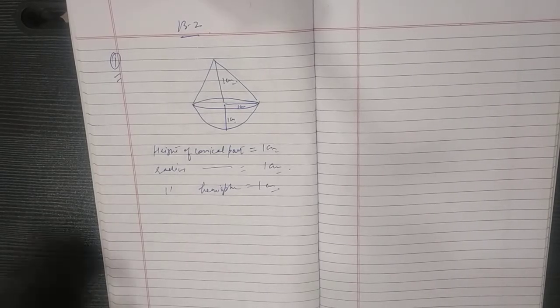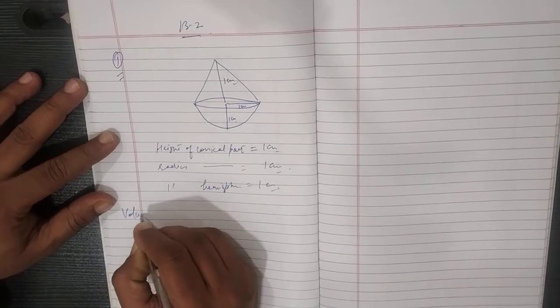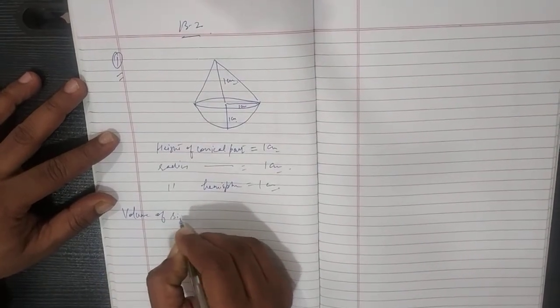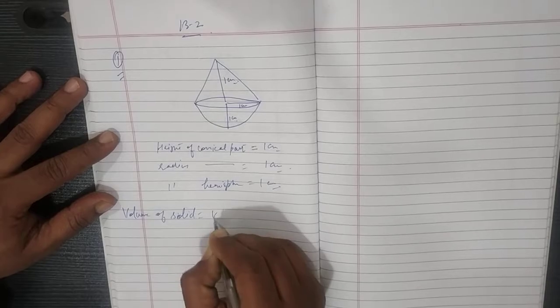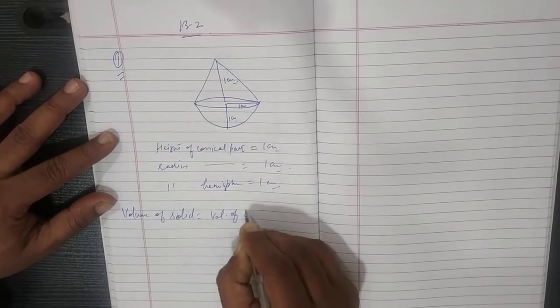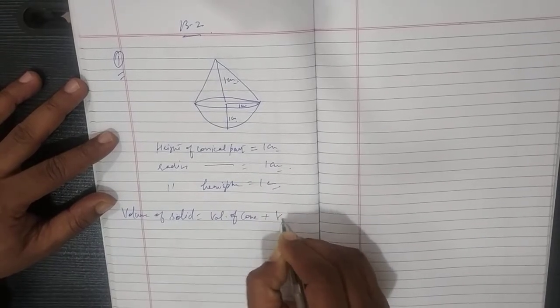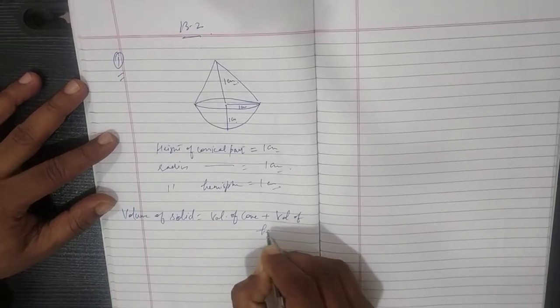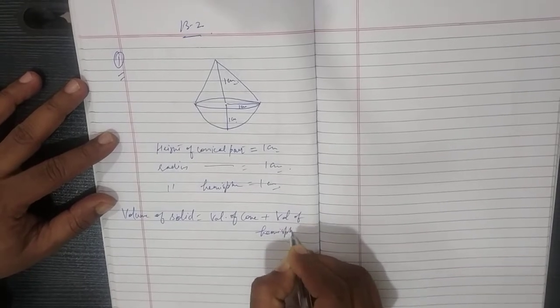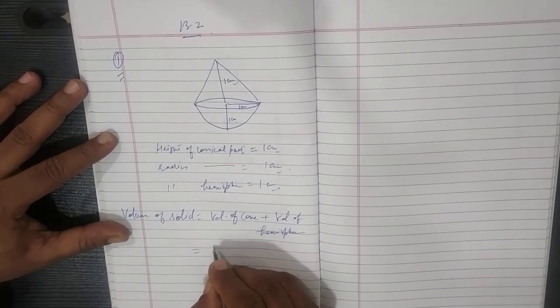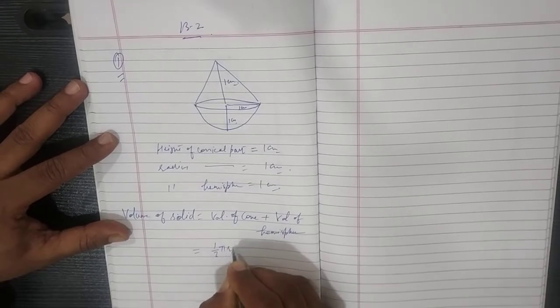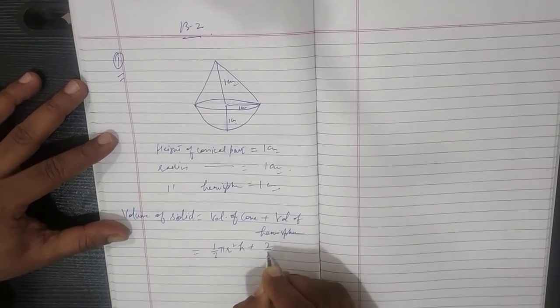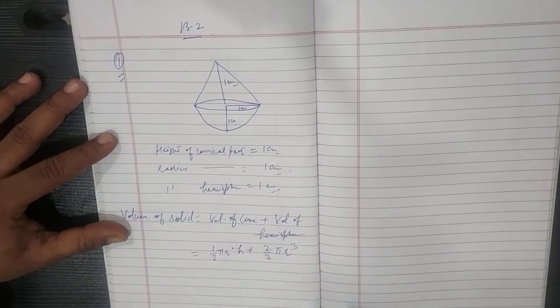Volume of solid will be volume of cone plus volume of hemisphere. The volume of cone is 1 upon 3 pi r square h, and volume of hemisphere is 2 upon 3 pi r cube.